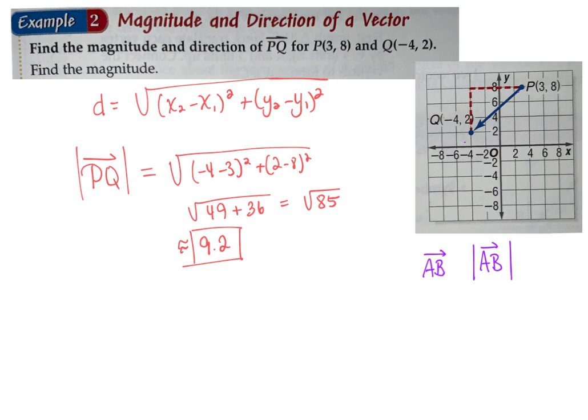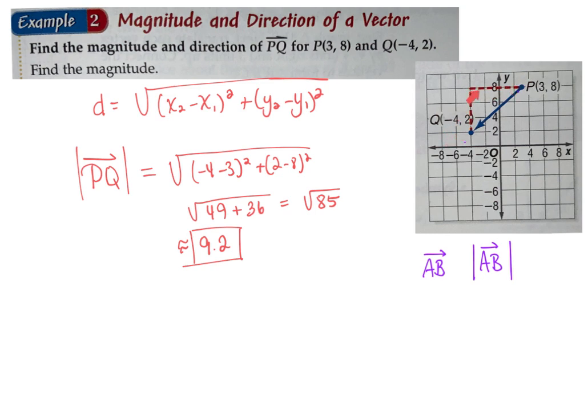Now let's look at how we find direction. Now you'll notice they sketched a right triangle here. All right, so what they did is they started at the starting point and just moved how you would move to get to it, okay? So they moved across, and they moved down to get here, all right?